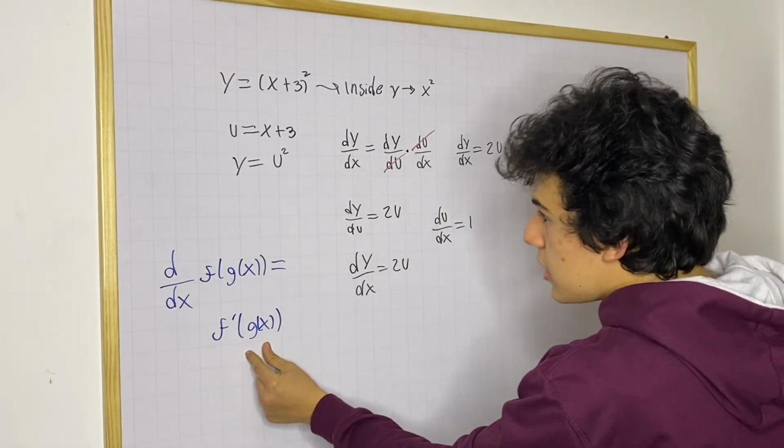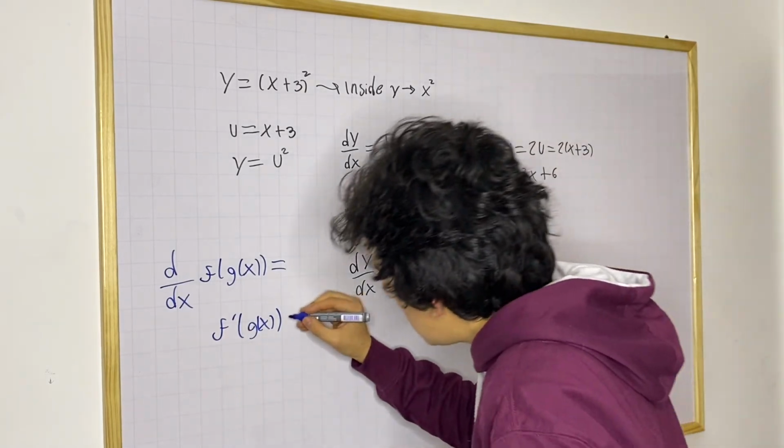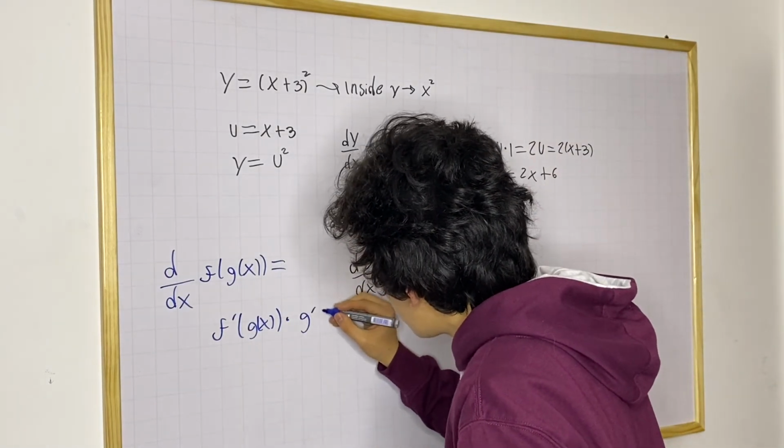You just keep the input the same, f prime of g of x, times g prime.